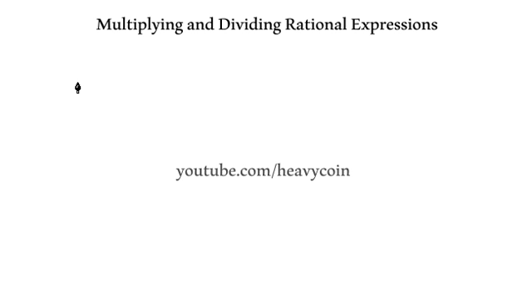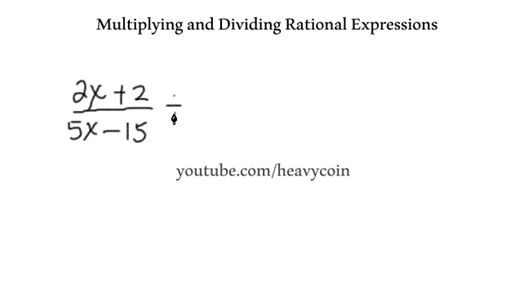How about 2x plus 2 over 5x minus 15 divided by, now, you know what? It's not going to be divided by.